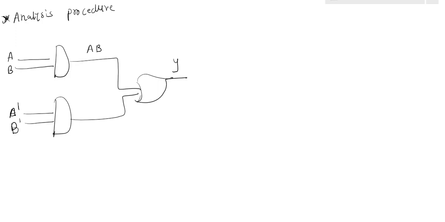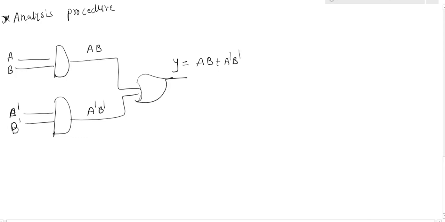Your next step is to label all the gate outputs. In this case, the first gate is generating the output AB, the second gate is generating the output A bar B bar, and finally the Y is generating output AB plus A bar B bar in this example.